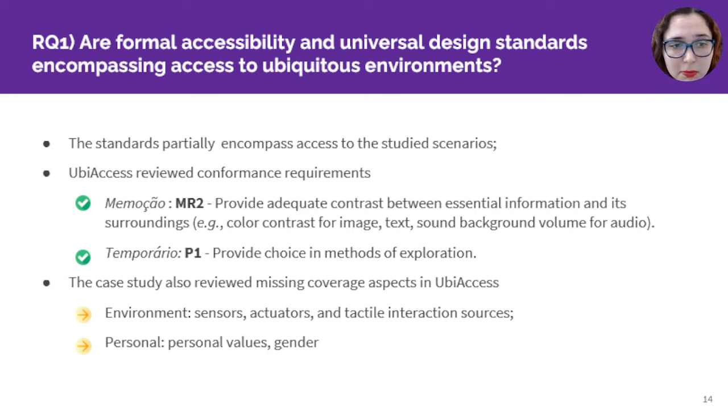And Temporário, Personal 1, provide choice in methods of exploration. Also, the case study revealed aspects missing in UbiAccess. For example, in environment, we could not cover sensors, actuators, and tactile interaction sources. And in personal, values or gender.